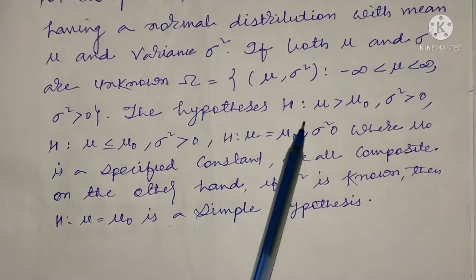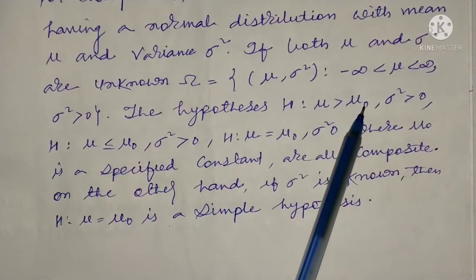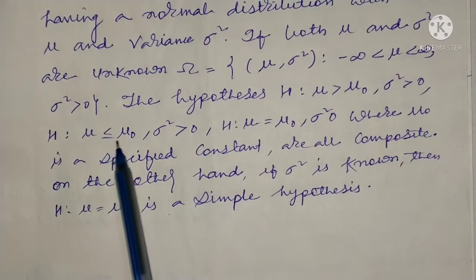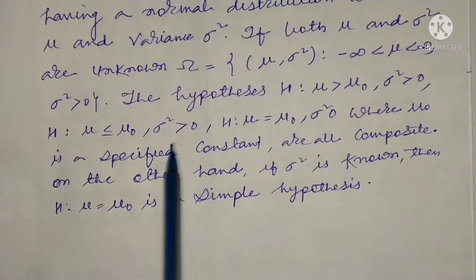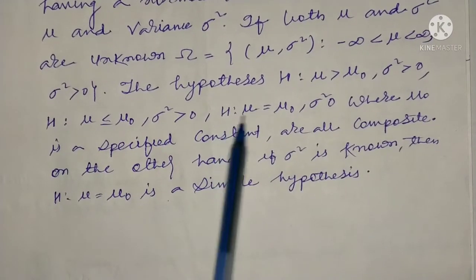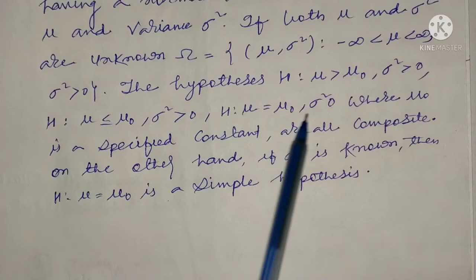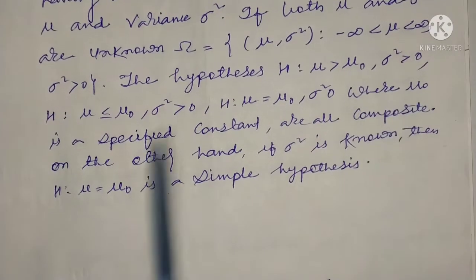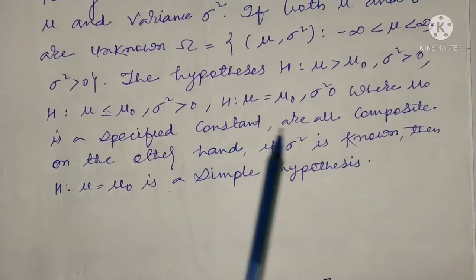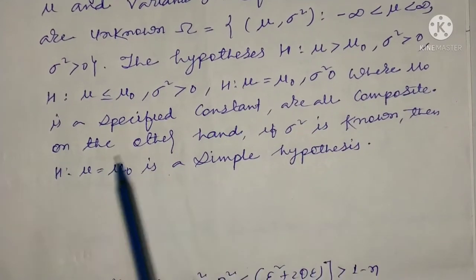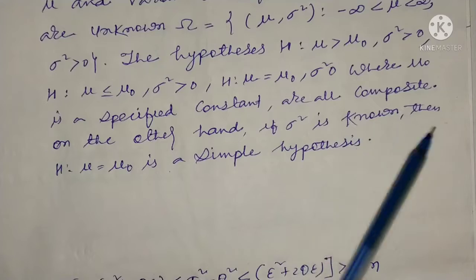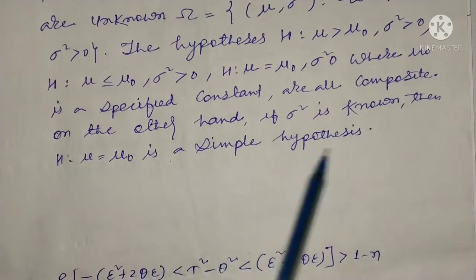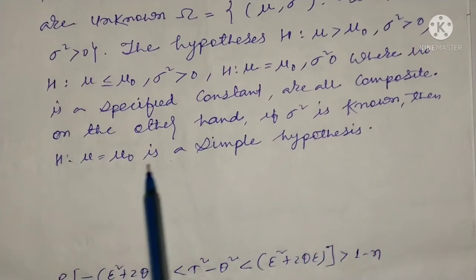The hypotheses h: mu greater than mu naught, sigma square greater than 0; h: mu less than or equal to mu naught, sigma square greater than 0; h: mu is equal to mu naught, sigma square greater than 0, where mu naught is a specified constant, are all composite. On the other hand, if sigma square is known, then h: mu is equal to mu naught is a simple hypothesis.